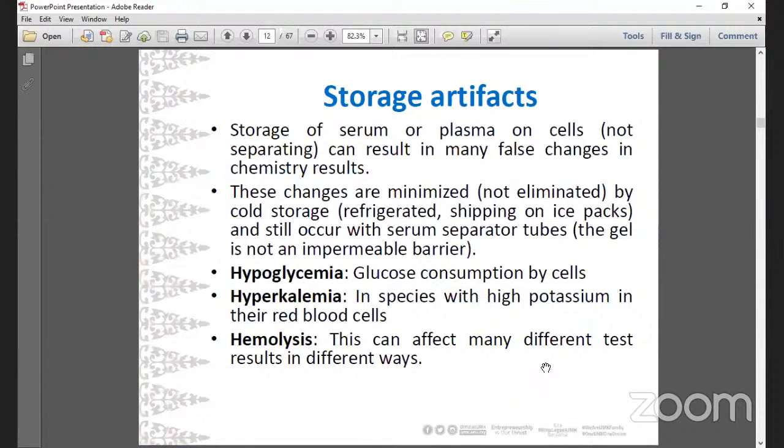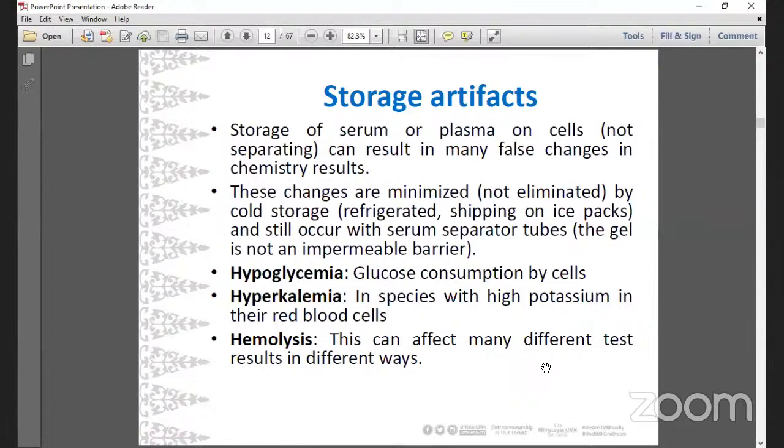Okay, now we talk about the storage artifacts. We know that if we don't separate the blood cells from the serum or the plasma, it may result in false changes in the chemistry result. These changes we can minimize by doing cold storage, including refrigeration.